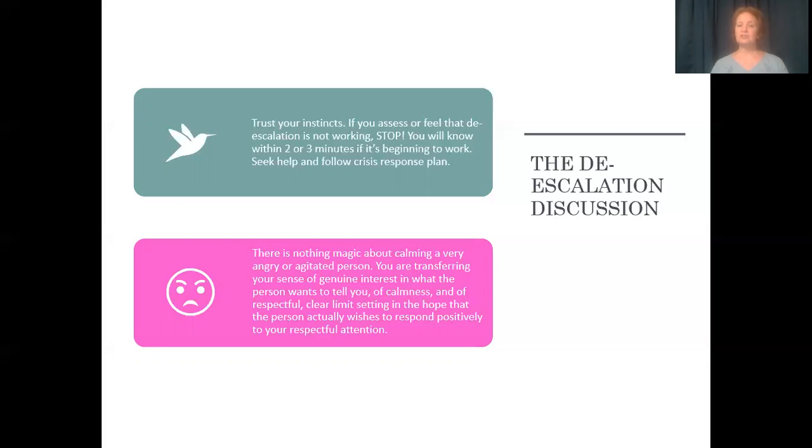And then there's nothing magic about calming a very angry or agitated person. You want to make sure that you're sending them the message that you care about what they need, you're interested in what their issue is, that you want to transfer that calmness, and also let them know that you understand that they really want to respond positively.